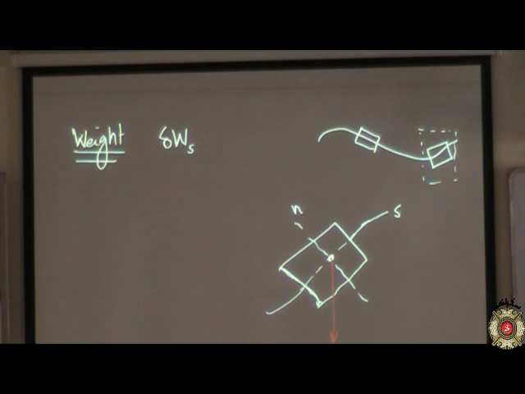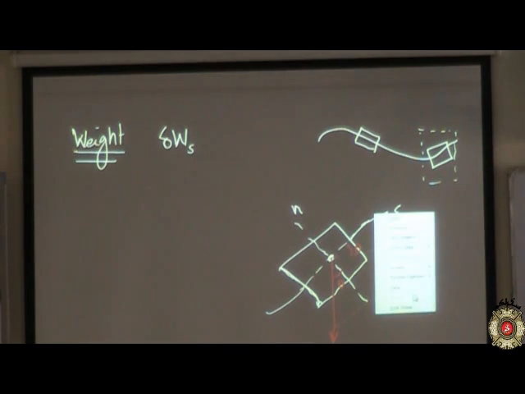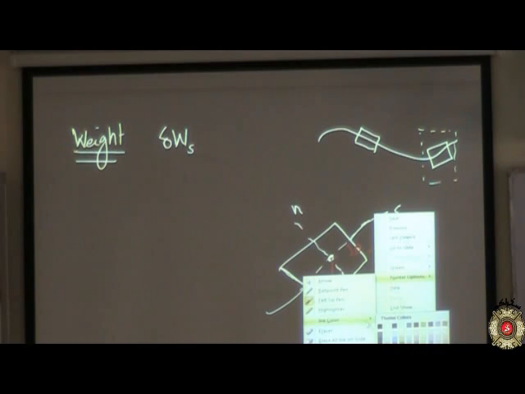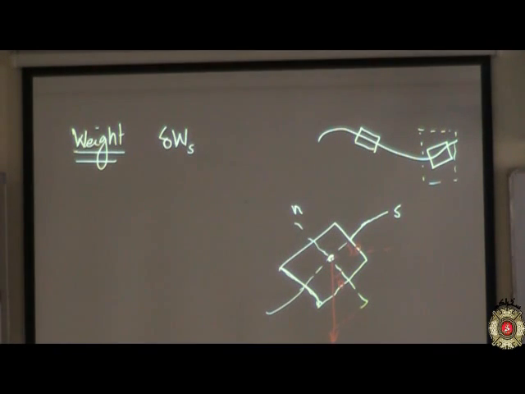I may not be able to draw a very good drawing, so please go back and look at your books as well. If this is theta, then this is theta. There are two components of the weight. One is this one and the other one is this one.